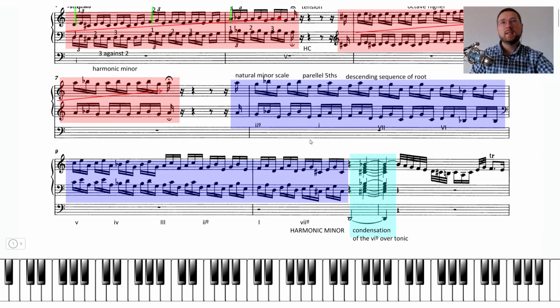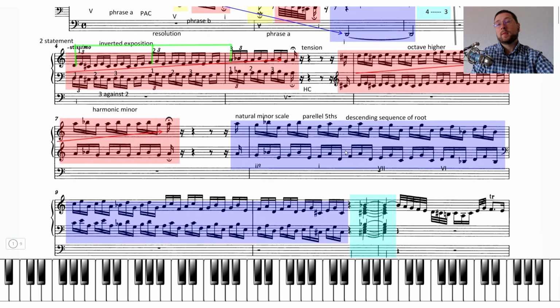And that descending sequence of root chords is very striking. I mean, there is some counterpoint, so it's not at all that bad. The counterpoint comes from the fact that these are ascending arpeggios that in a way overlap.